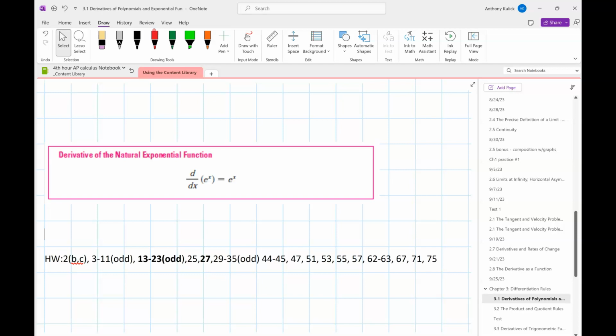Yes, Tony. Will we have to use any of the limit derivative stuff on the test, or can we just use the shortcuts? I'm still in the process of writing what I have for the test. What I would say to you is the place where you're not going to be able to get away from the limit derivatives is if your function is given to you as a graph or a table.